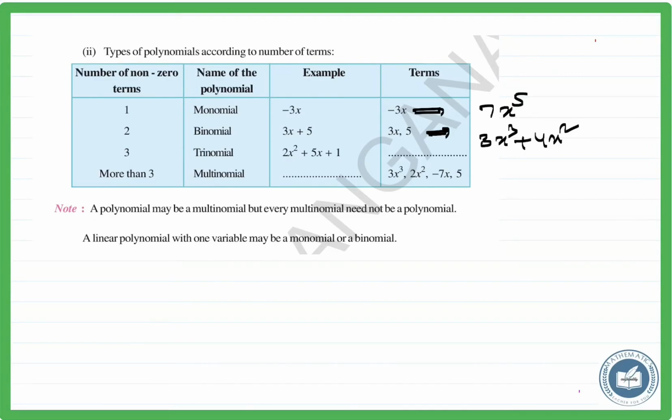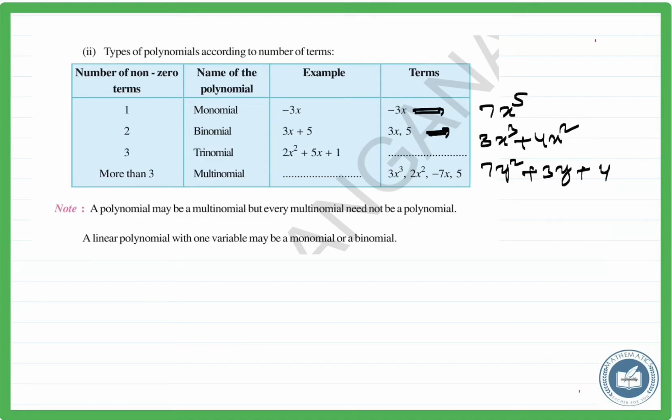And a trinomial means it must have three terms. Whatever the degree of the terms may be, it must have three terms. I can write 7y square plus 3y plus 4. Here you see this is a polynomial in the variable y, three terms are there, and this polynomial is called a trinomial.